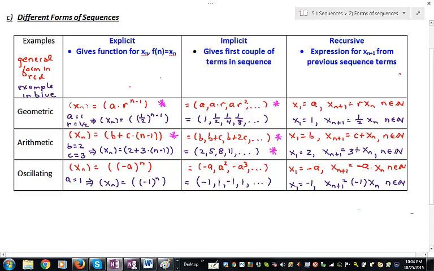So we can go back and forth between implicit and explicit if the pattern's not too difficult for us to see in the first couple of terms. And of course, the oscillating sequence would have the following general implicit form. And if we put in a is equal to 1, we'd get a sequence of alternating signs, -1 and +1.